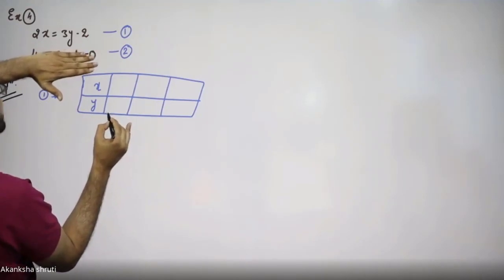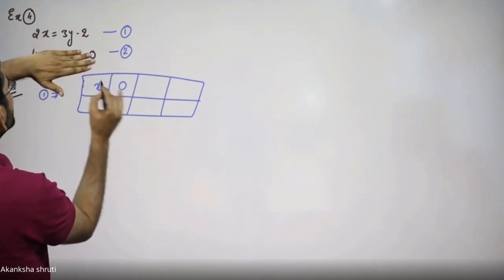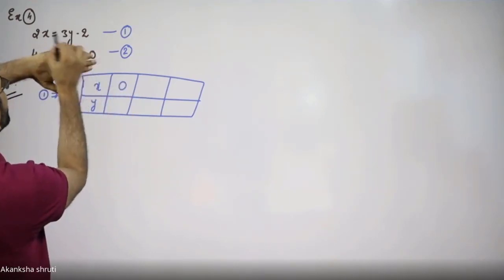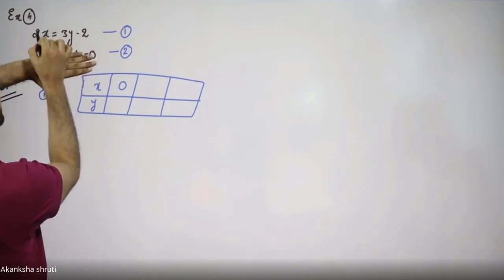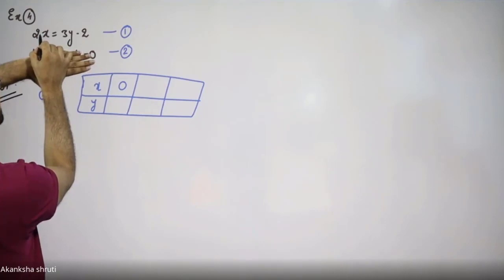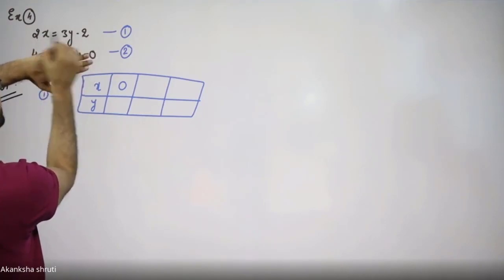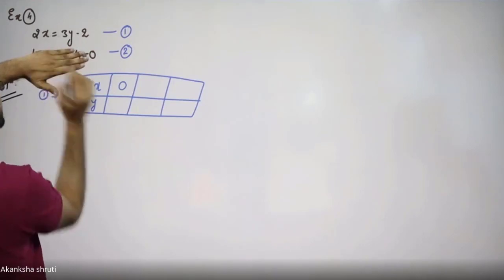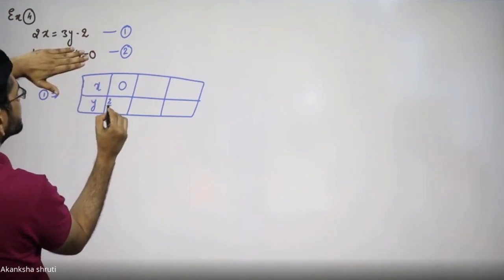Let us assume x is equals to 0. So for 0, y value becomes, this 2 will come on this side. So this x is now made as 0. So minus of 2 becomes plus of 2 by 3. So it is like 2 by 3.